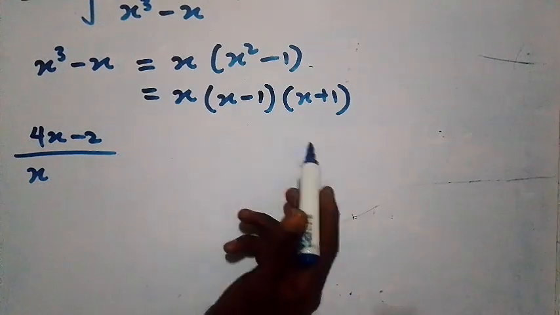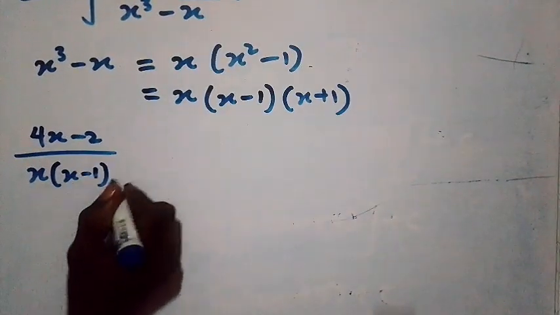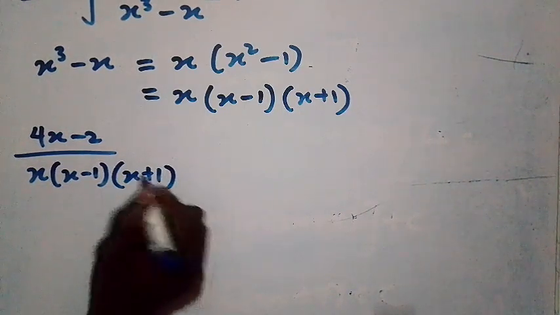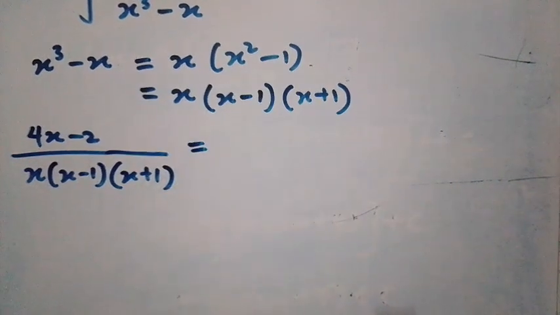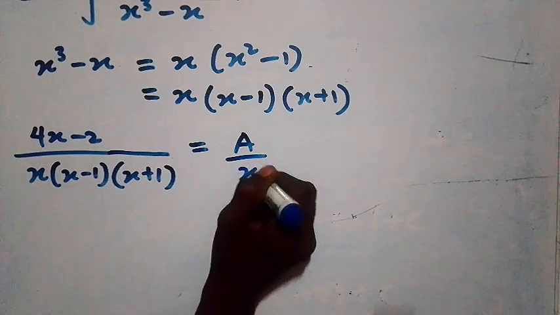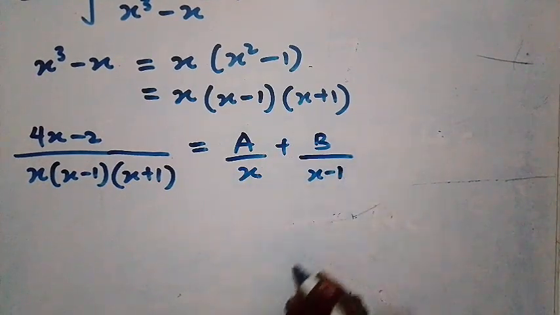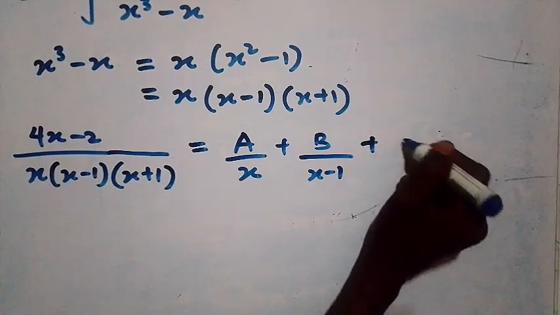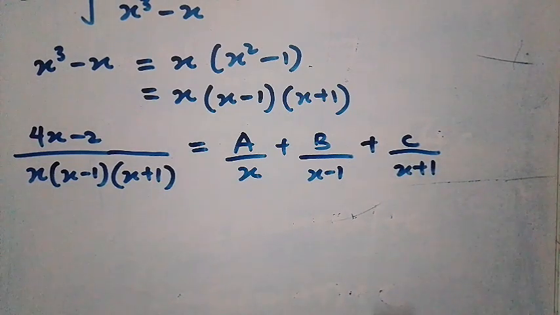Now I'll factor it as x, (x minus 1), (x plus 1), and this will be equal to, resolving it into partial fractions, A over x, plus B over (x minus 1), plus C over (x plus 1).